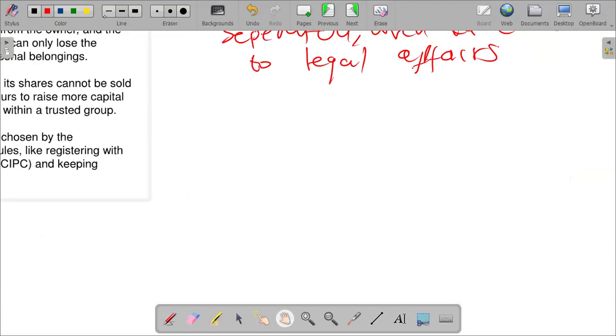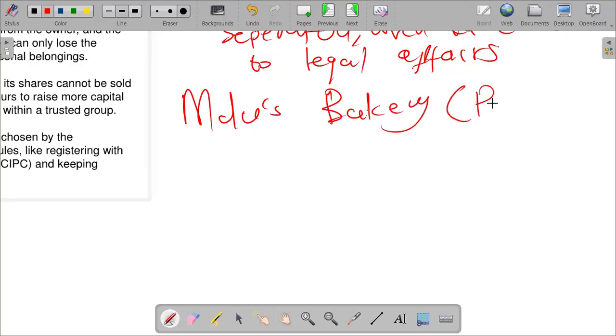Let's use Mduduzi's Bakery as an example. Remember Mduduzi's Bakery. Let's say Mduduzi's Bakery is a private company.